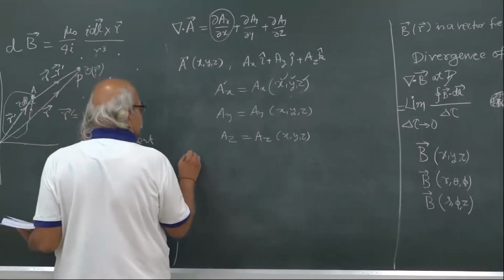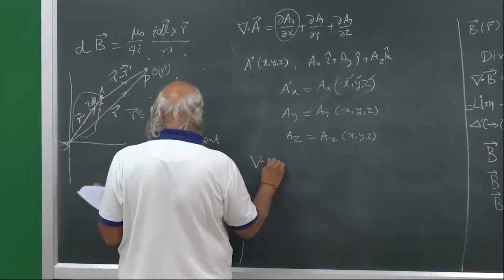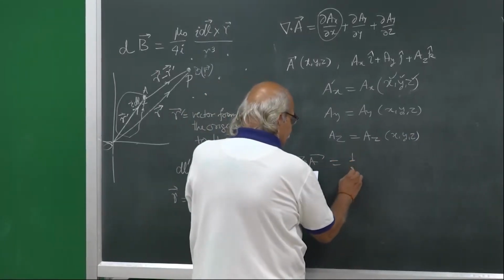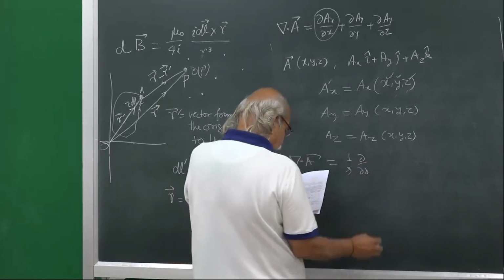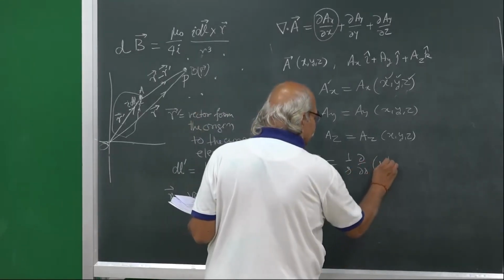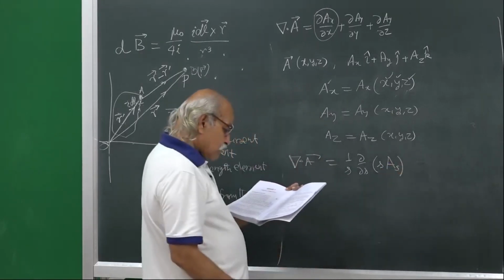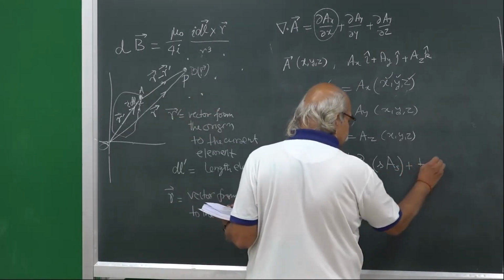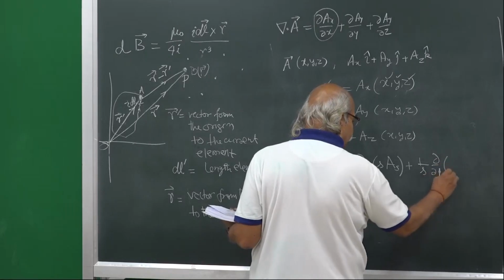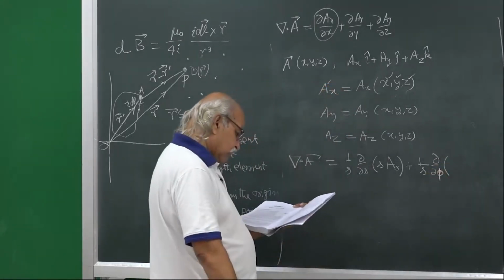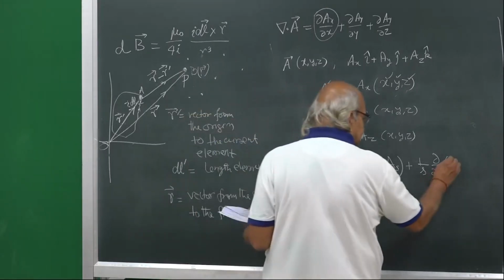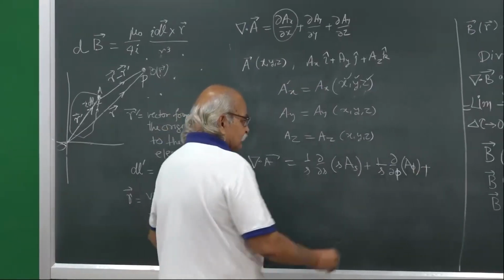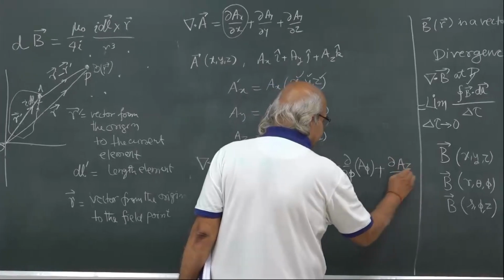For cylindrical coordinates, it is 1 by s, del by del s of s into As, plus 1 by s del by del phi of A phi, plus del Az by del z.